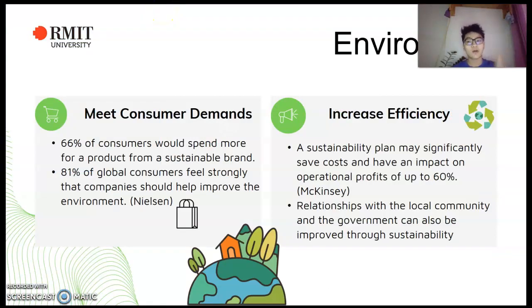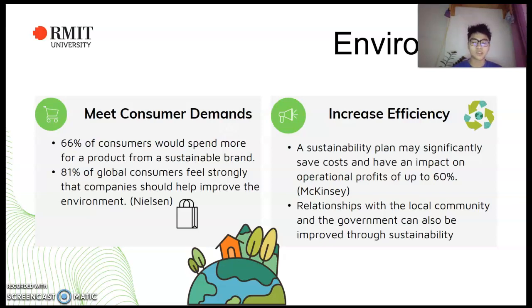In the environmental part, environmental factors help the company meet customer demand. A Nielsen study shows that 66% of consumers would spend more for a product, and 81% of global consumers feel strongly that companies should help improve the environment.